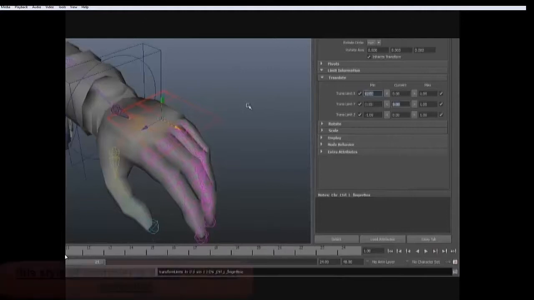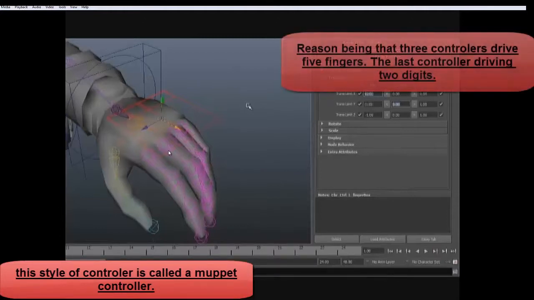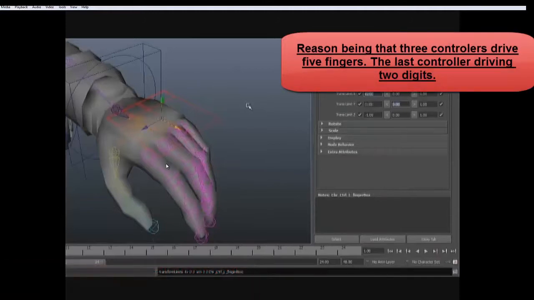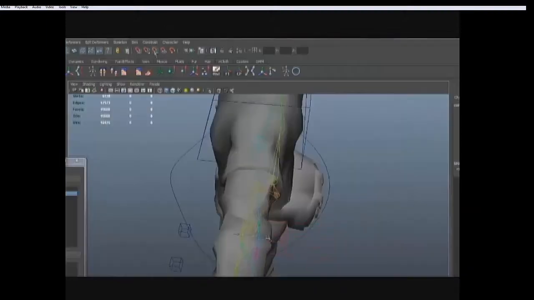So this is stage one. When the fingers are curled, these controllers will be slid all the way down, and that'll be stage two. You just literally key those two positions, and whenever you slide, it'll blend between them and make the hands open and close.